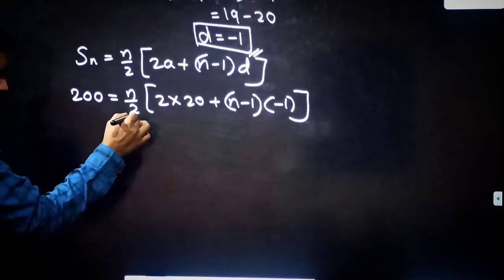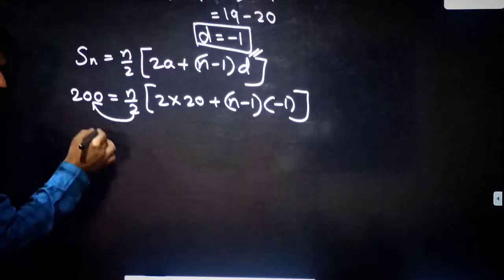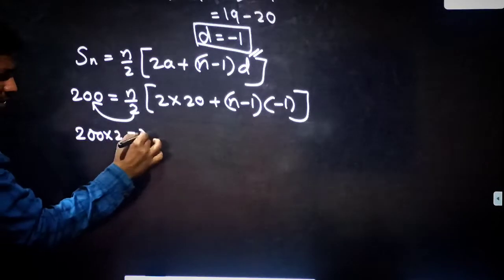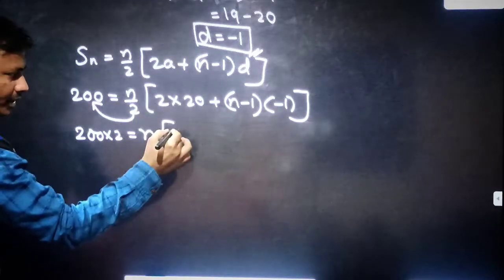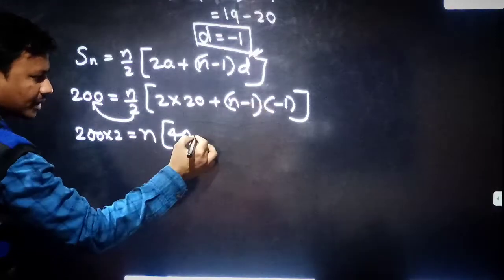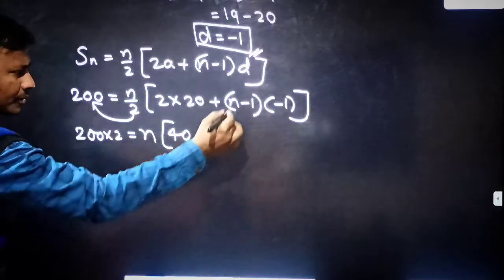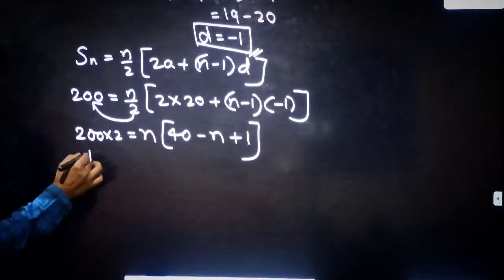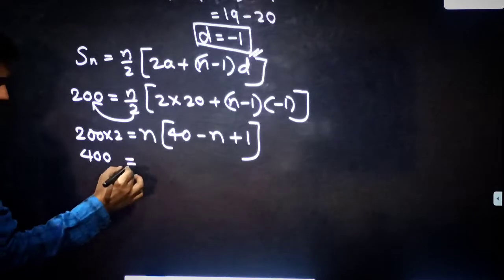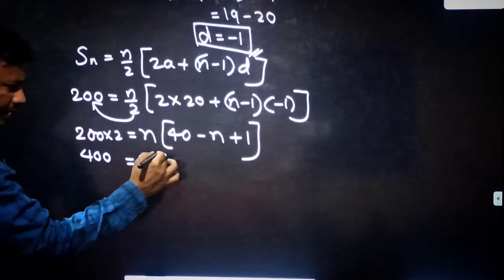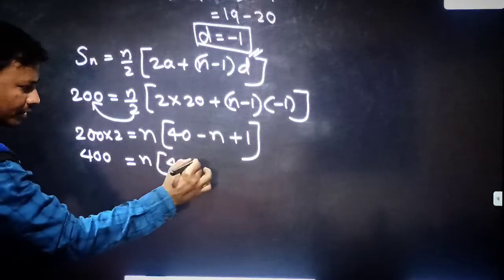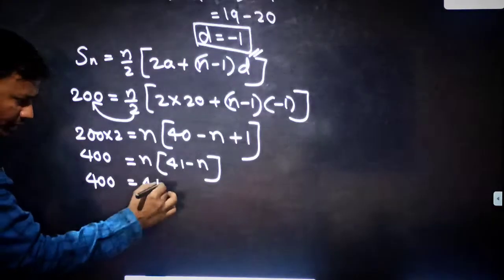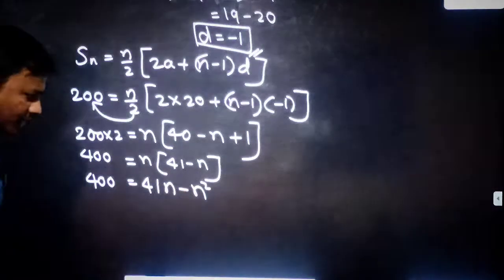Dividing by 2, it becomes into 2. 200 into 2 is equal to n in bracket 40 plus 1 minus n, so 400 is equal to n into 41 minus n. 400 is equal to 41n minus n square.